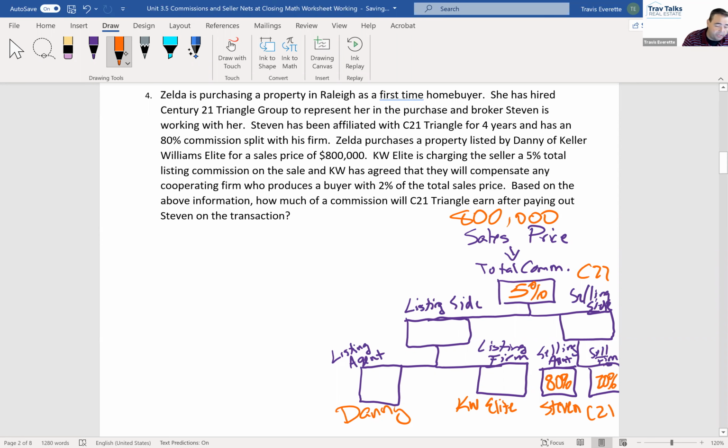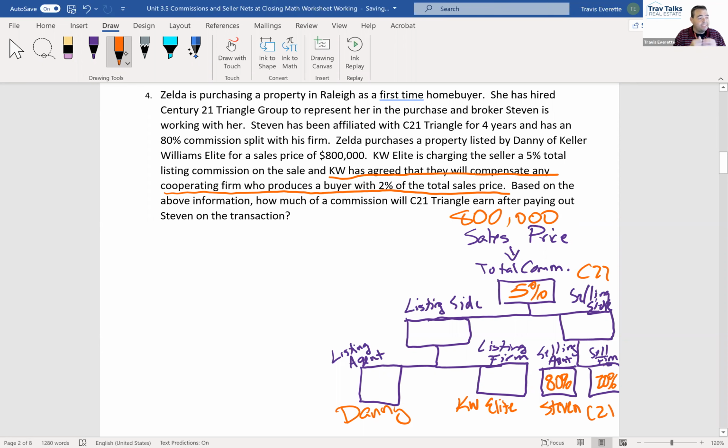So I want you to pay attention to that sentence right there. It says, KW has agreed they will compensate any cooperating firm who produces a buyer with 2% of the total sales price. It's the only sentence that mentions both sides of the transaction. So that's going in the middle, because that's where the two sides are. That's where you have the listing side and the selling side.